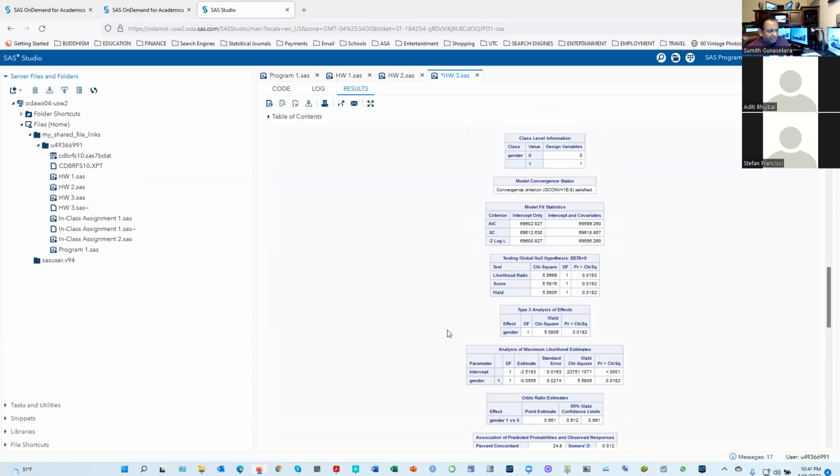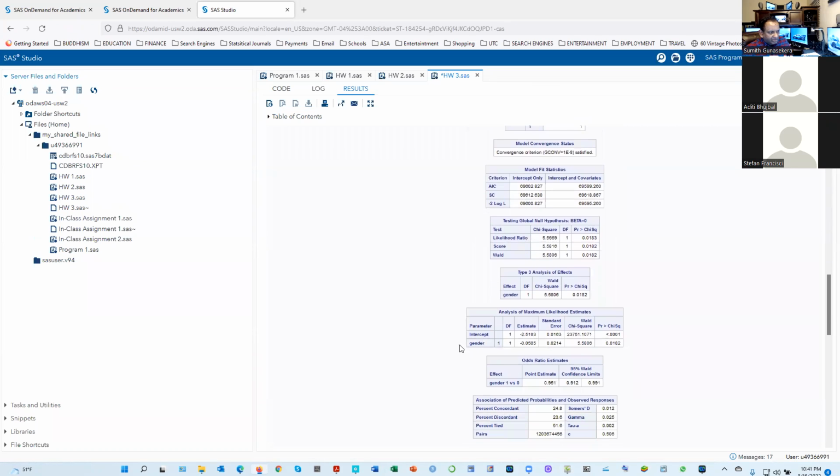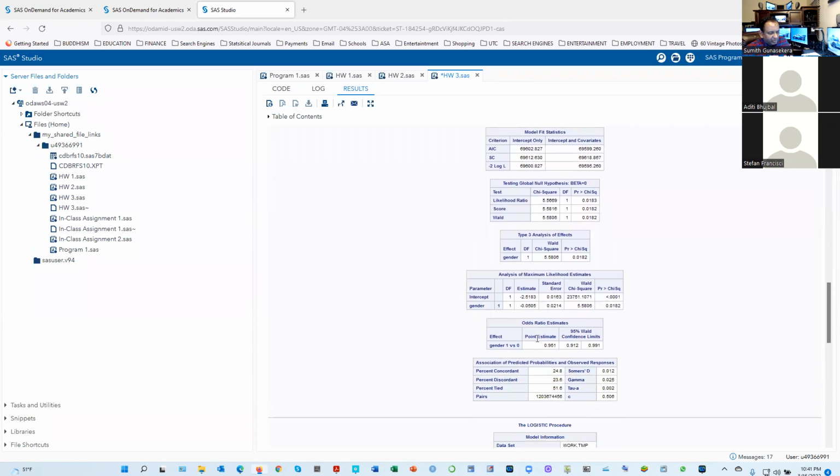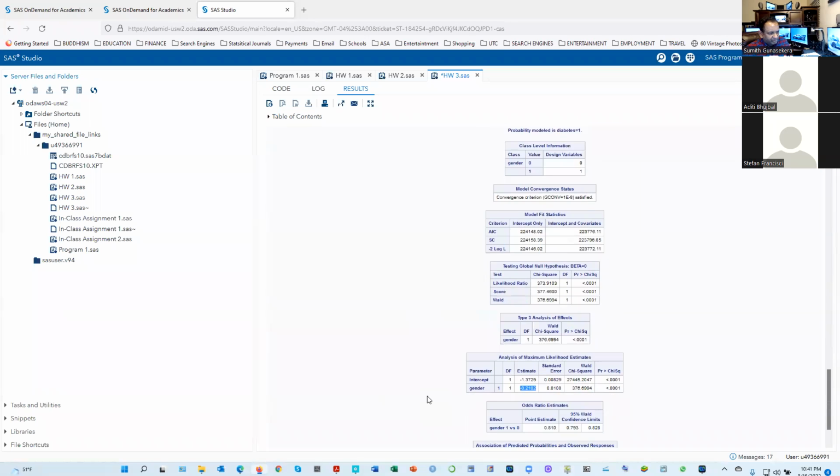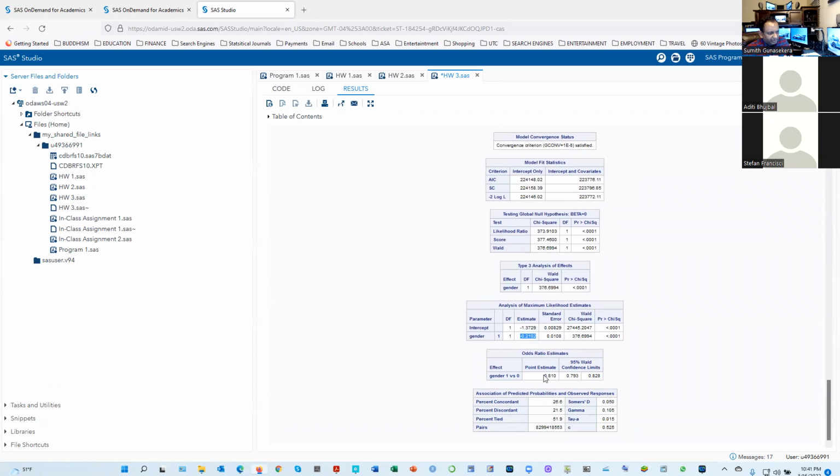Second model, that's the ratio, 0.951. Do you get that one? Yes. Third one, 0.810. You got that one too. So later they're going to ask us about these three. Those are done.